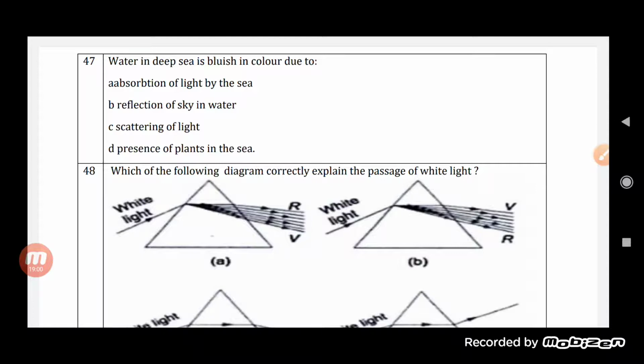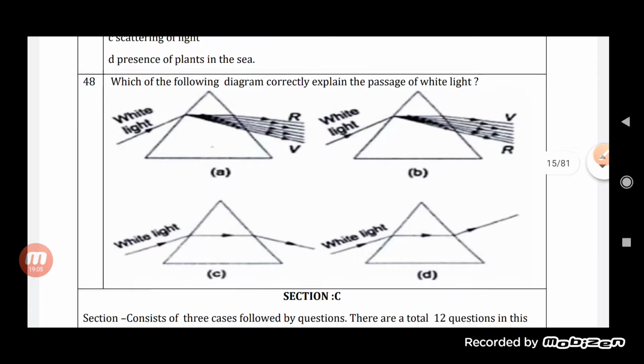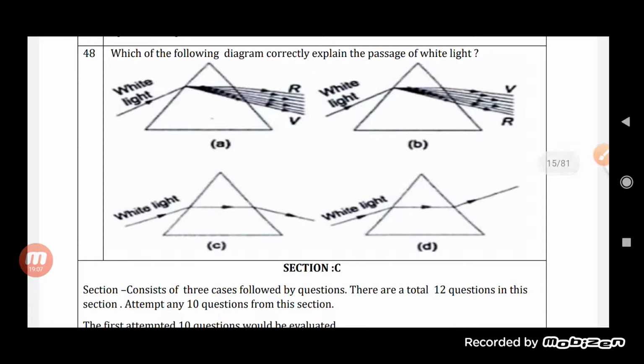Now see here, question number 48. Which of the following diagrams correctly explains the passage of white light? You know that when light falls on the surface of a prism, it shows the process of dispersion.